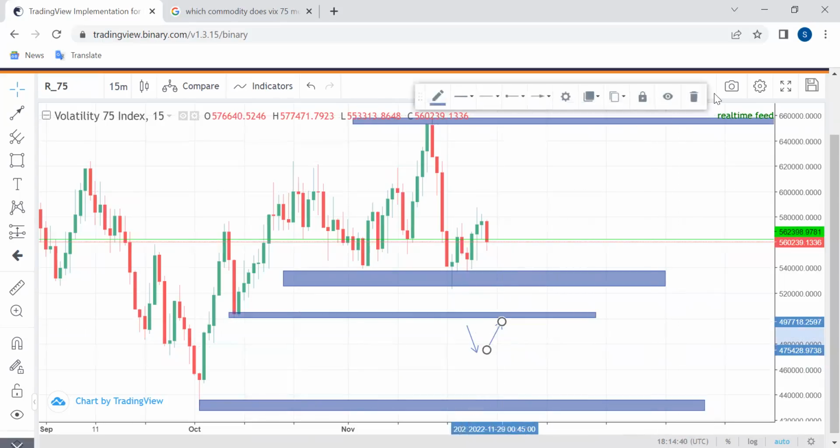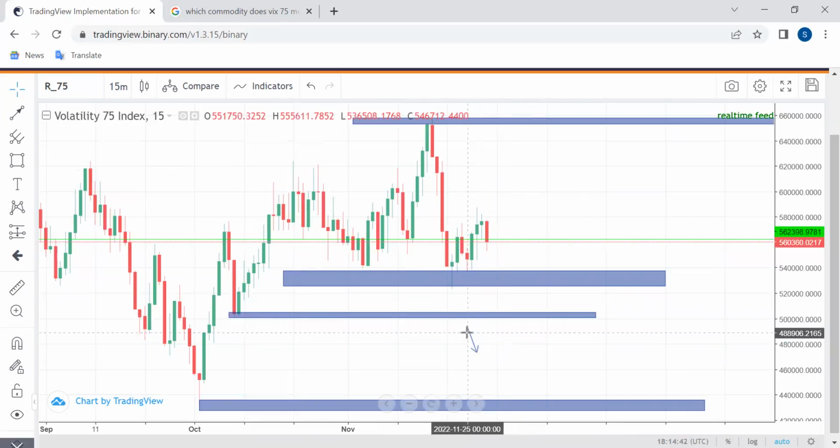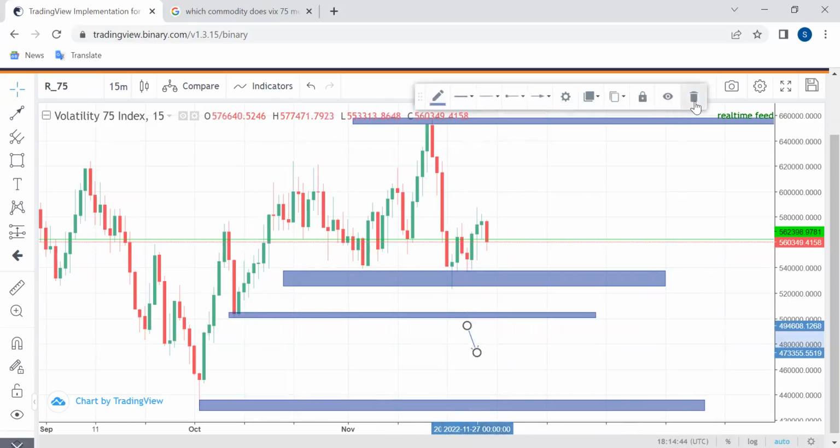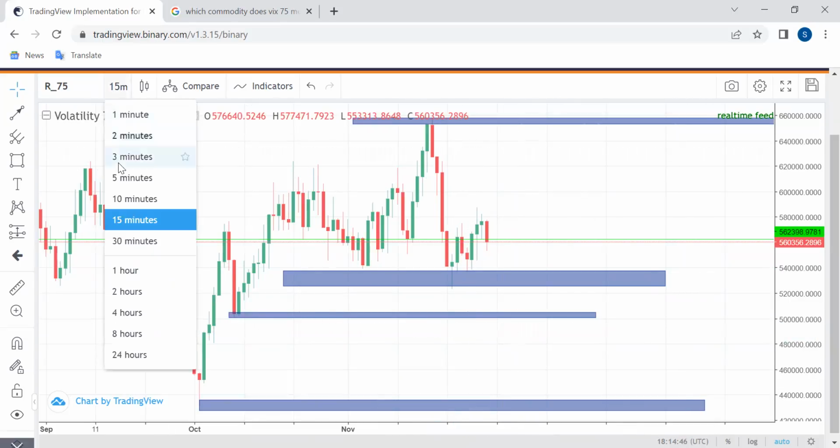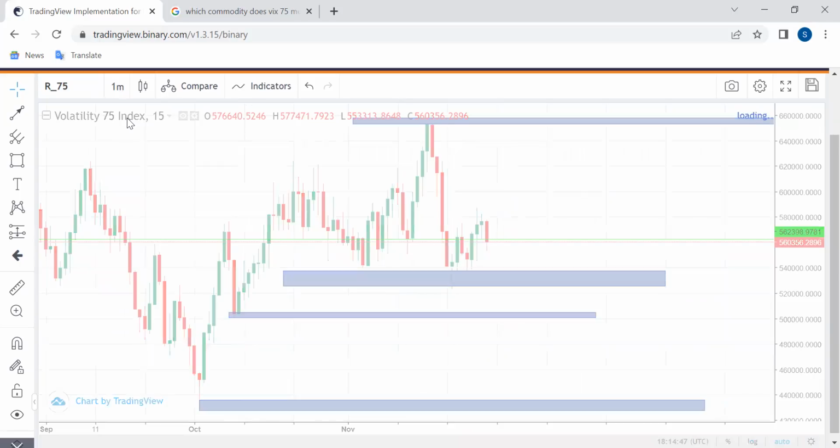Let me try to see if I will move back to a smaller time frame than this, say the 1 minute time frame, or the M1. I do this again as it is still loading.